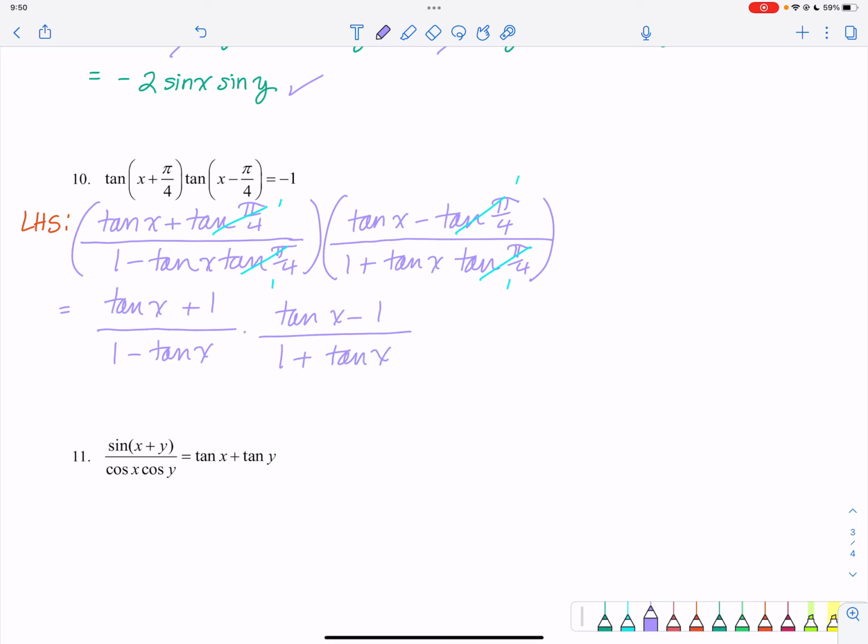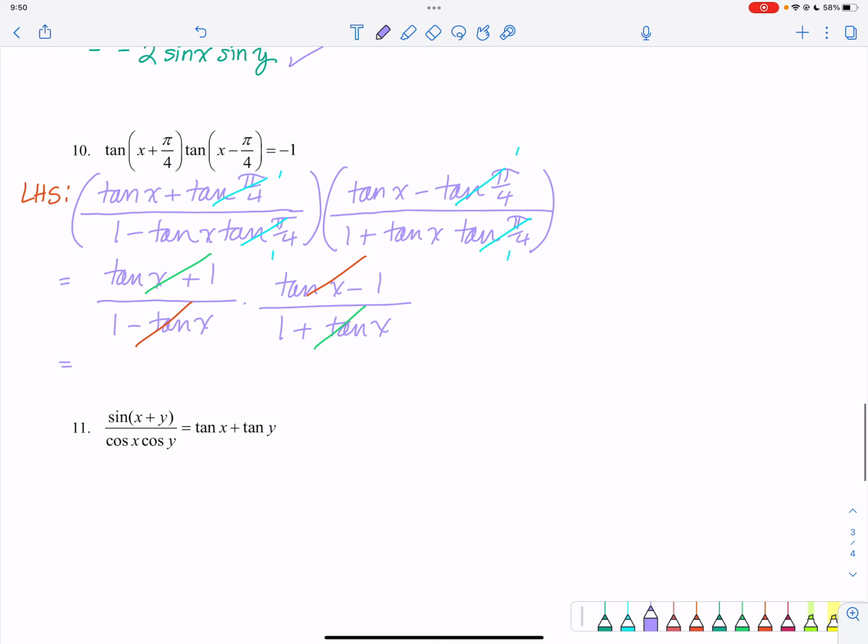And as you can see, these two terms cancel, and these two terms cancel. So we actually have this equal to a negative 1.